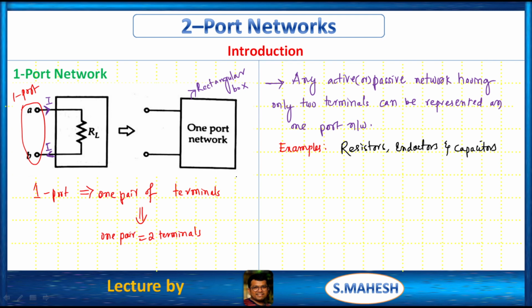The current is entering from one end, and the same amount of current is leaving from the other end. That is nothing but a one-port network.